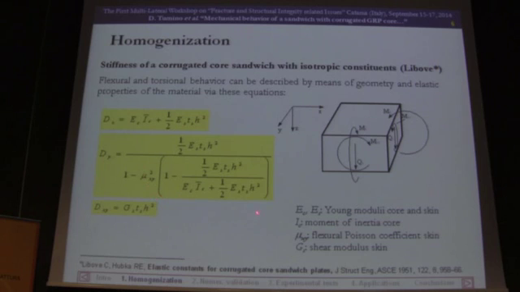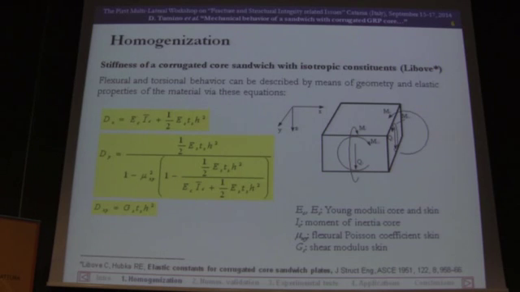And what we see is that at the moment we were able to reproduce the out-of-plane behavior of the unit cell and not the in-plane behavior, and we are still working on the possibility to simulate also the shear phenomena.